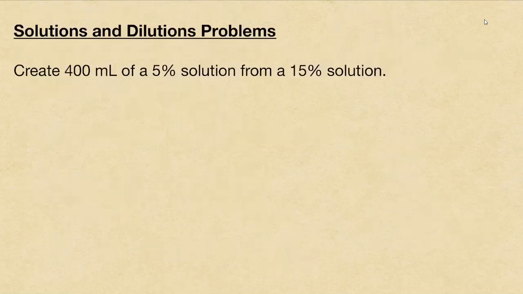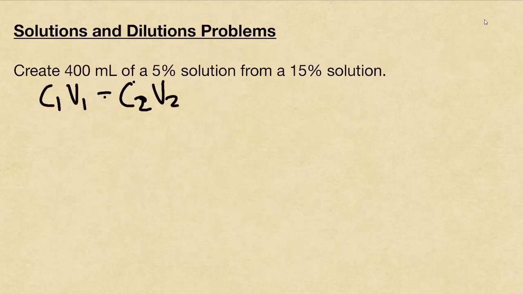This one seems much shorter. Create 400 mLs of a 5% solution from a 15% solution. So put your little C1, V1, C2, V2 up there and just plug in your numbers. Original concentration, 0.15.